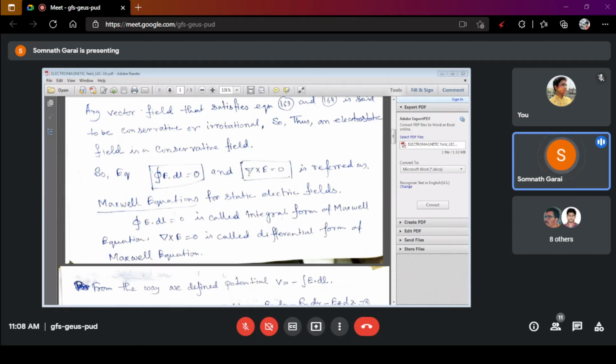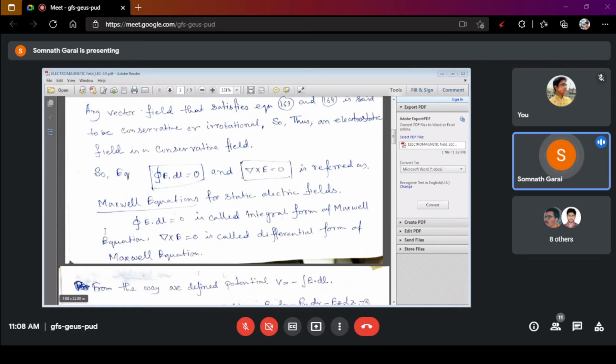And the second equation, del cross E is equal to 0, that means the curl of the electrostatic field intensity is equal to 0, is called the differential form of Maxwell equation. So you have to remember these two forms, differential form as well as integral form of Maxwell equation.